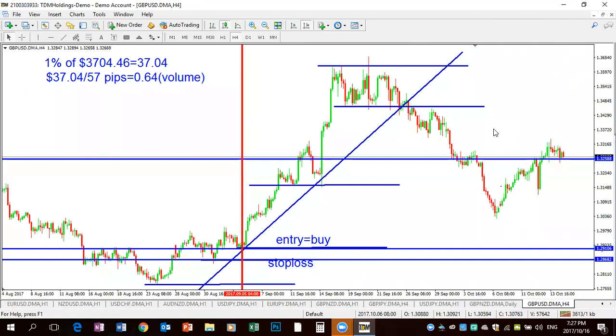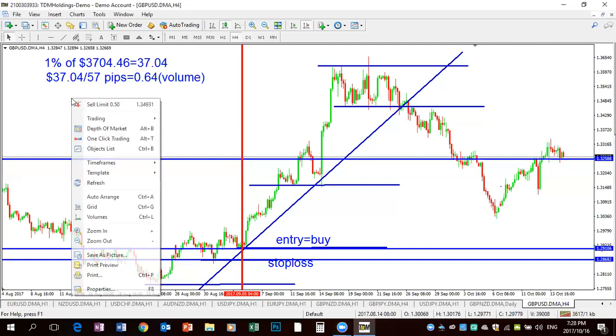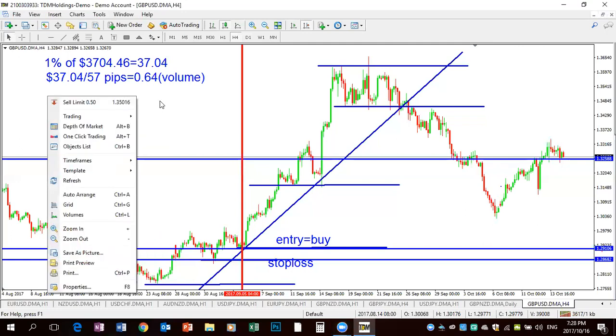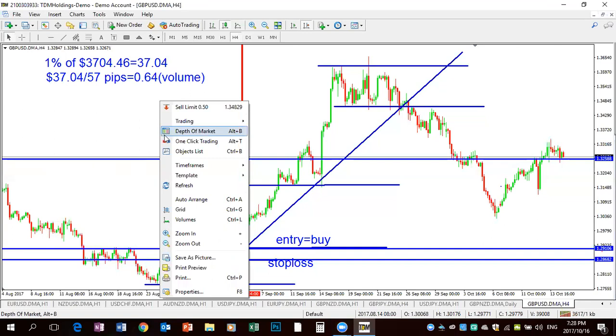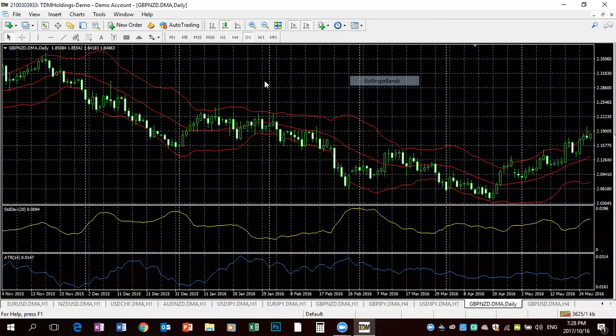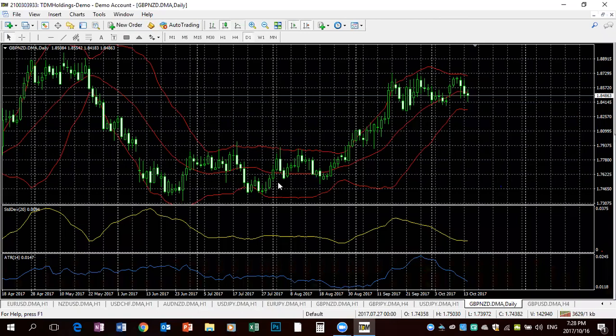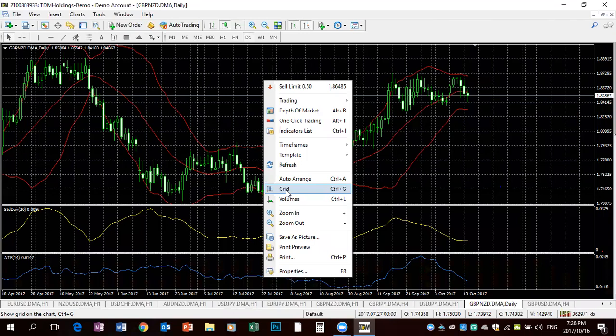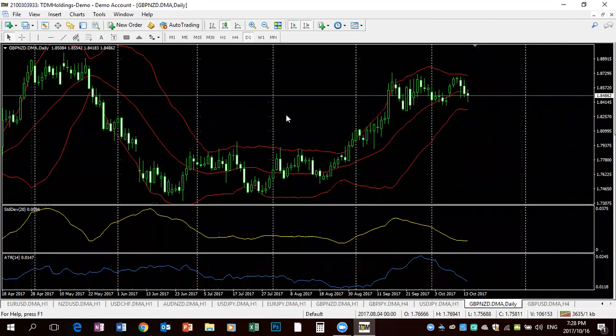All right, please give us your chart properties. Okay, if you want your chart properties, you will right click on your charts. Let's say your chart looks like this. You'll say right click firstly and go to grid. You are taking all these squares. I took out all these squares.